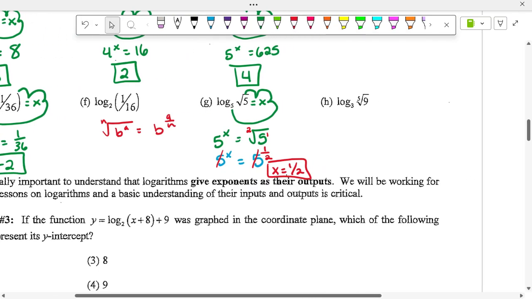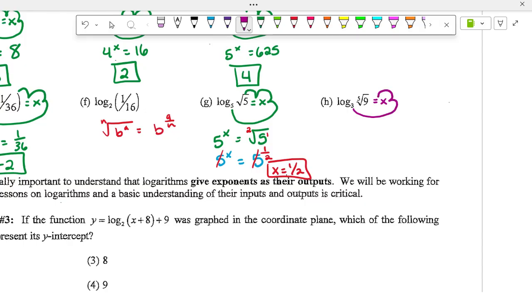Now this last one, I definitely recommend converting. So we go from 3 to the x equal to the 5th root of 9. So I have 3^x is equal to the 5th root of 9.